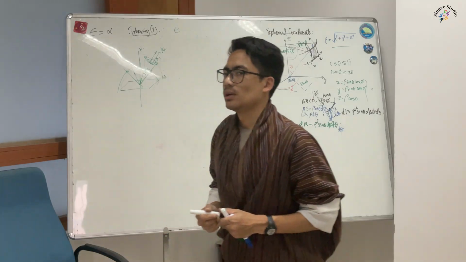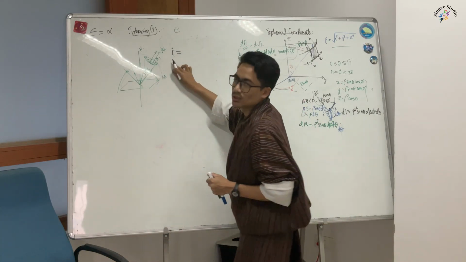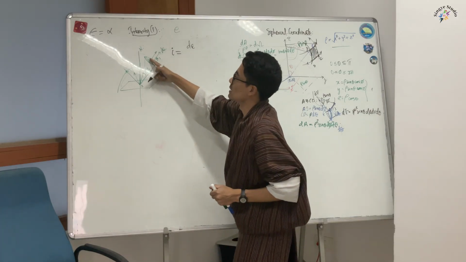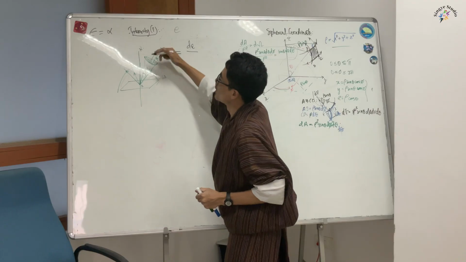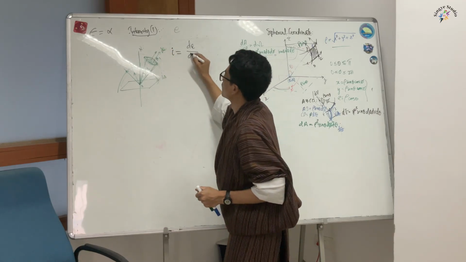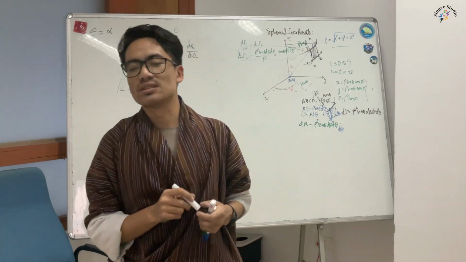Therefore, the intensity I is defined as the ratio of the small radiant flux dE divided by the solid angle subtended when you project this area. This is the definition for intensity of the radiation.